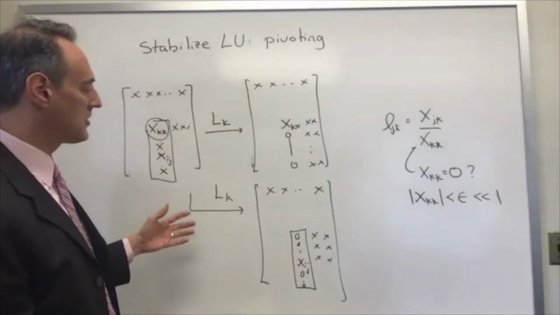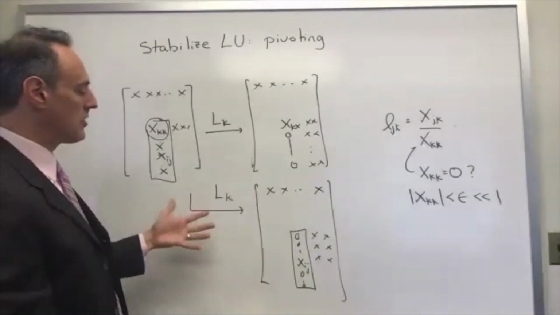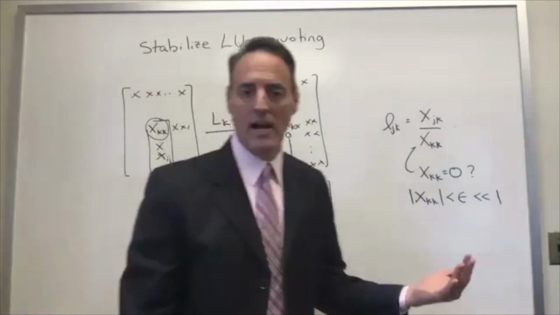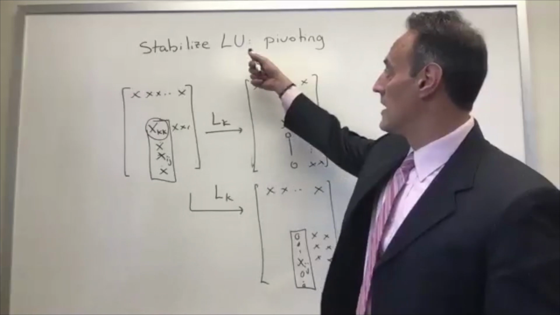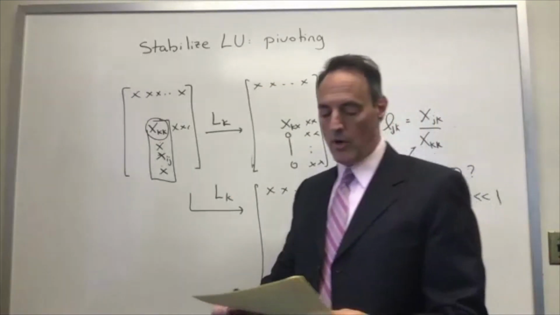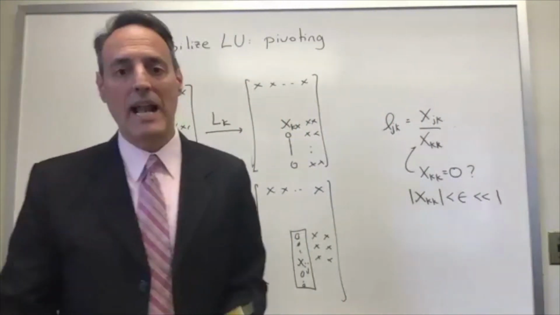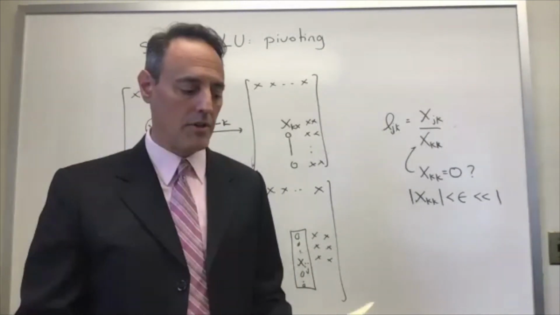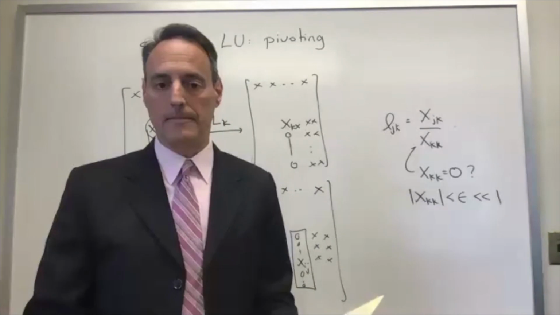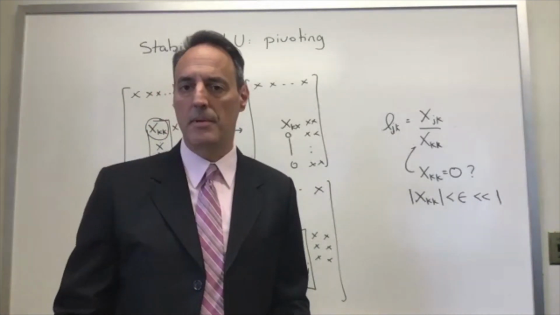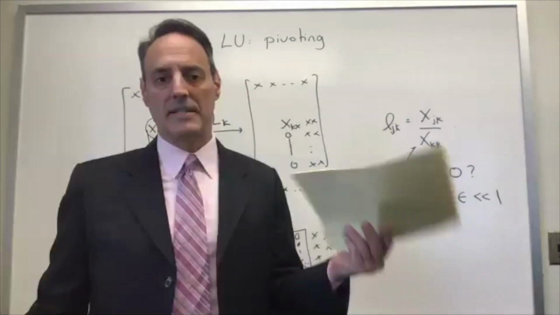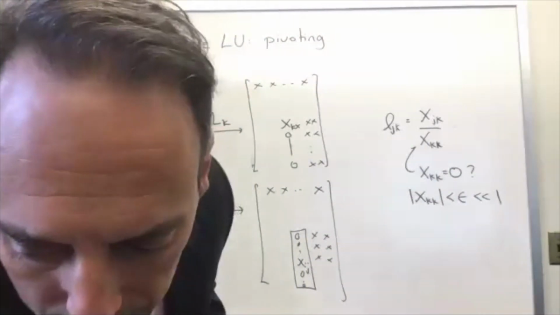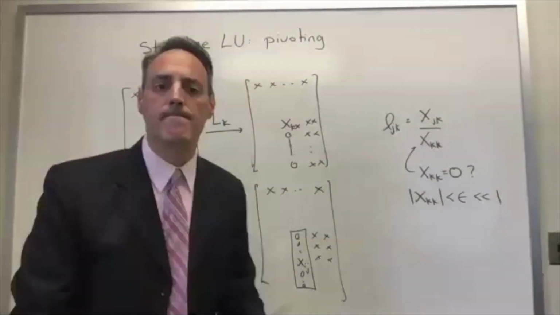The problem with this is, yes, you could randomly do this, but what we really want is some principled way to do something like this so that we can still end up back here with our LU decomposition in an algorithmic way, where we just run a code and it actually does all of this for us directly. Okay, so that's going to be the goal in stabilizing Gaussian elimination and LU decomposition.